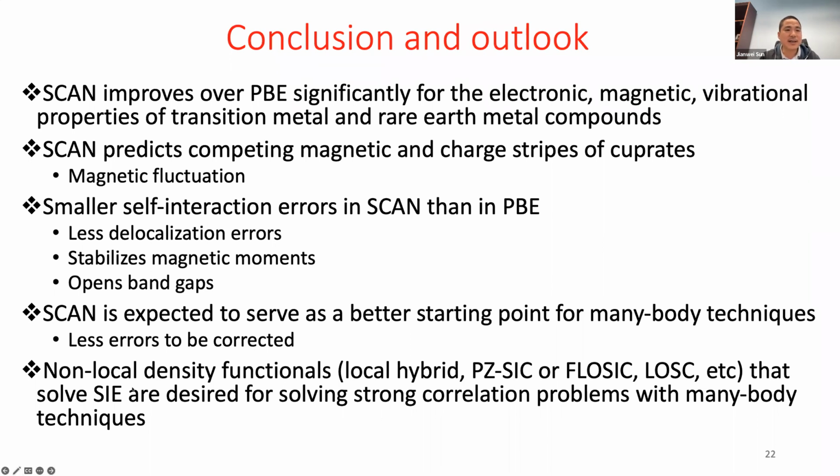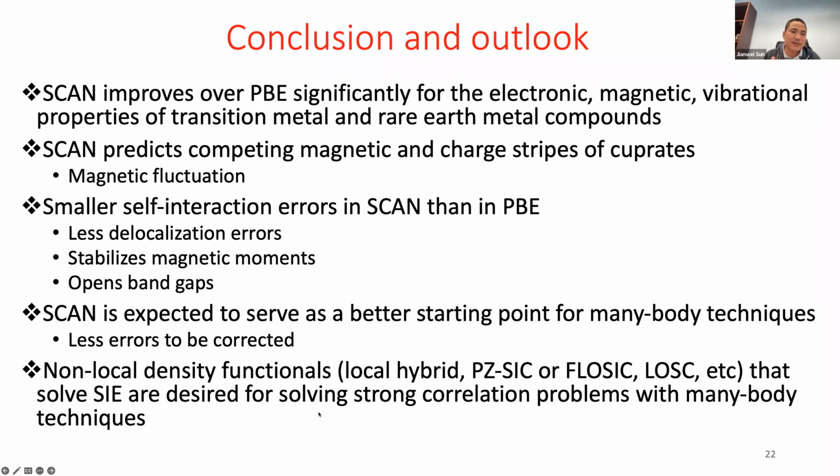In those stretched-bond situations, non-local density functionals, for example local hybrids, the Perdew-Zunger self-interaction correction, the Fermi-Löwdin orbital self-interaction correction, or the localized orbital scaling correction by Weitao Yang's group, and many others that solve self-interaction error, are designed for solving the strong correlation problems with many-body techniques.